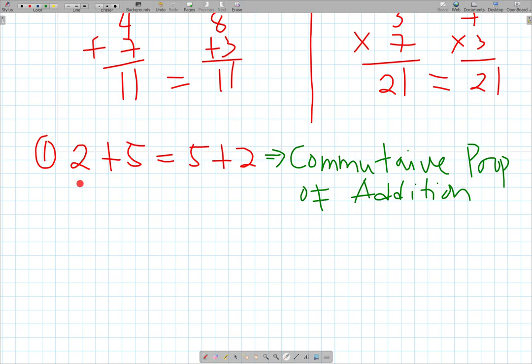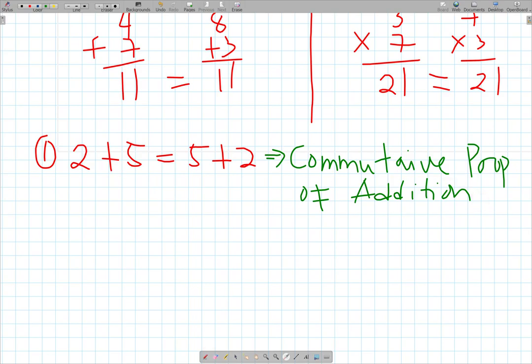Dalawa lang ang number, 2 plus 5 and 5 plus 2. So, that is commutative property of addition. 2, may 2 ka dito, 5, may 5. So, ano ba yung operation dito? Plus ba or times? So, plus, no? So, pag plus, that is commutative property of addition.